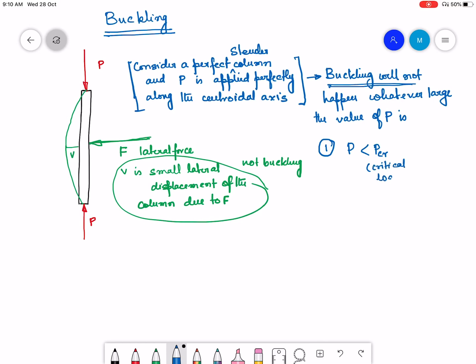If P is less than P critical, then the column will return to the undeformed position when the force F is removed.